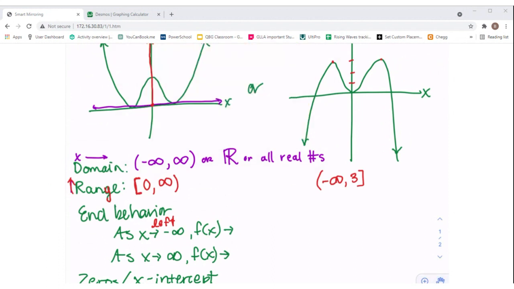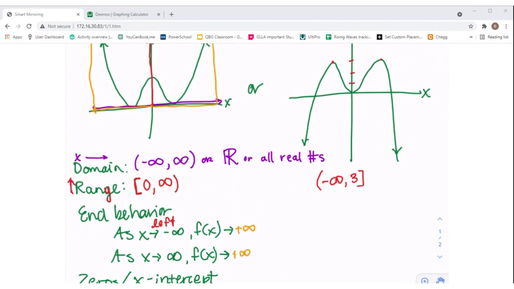If I look to the left, is the graph going up or down? Well, it's going up, and so that means it's going to go to positive infinity for this one. And then same thing, if you look to the right, it's also going up forever. So it's also going to positive infinity.